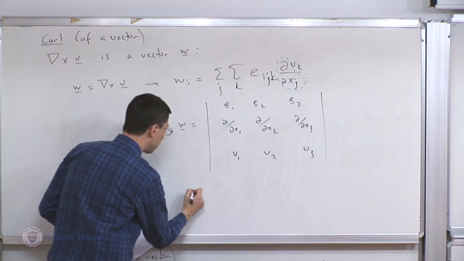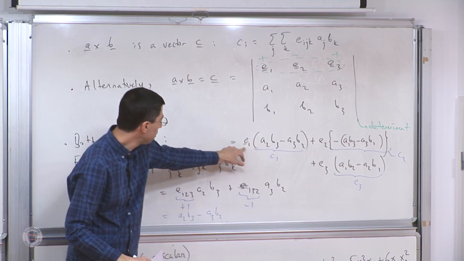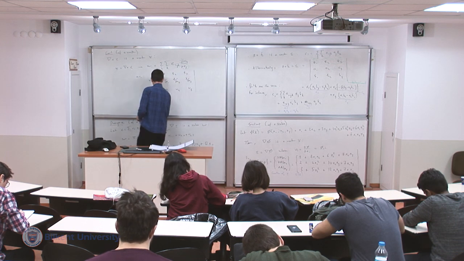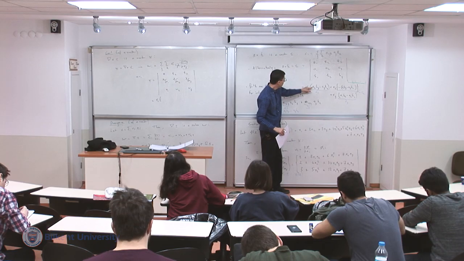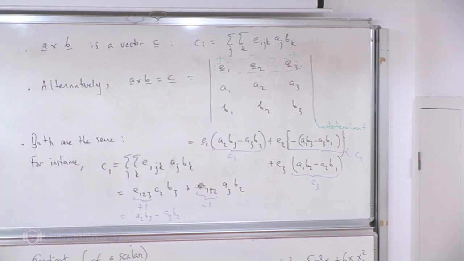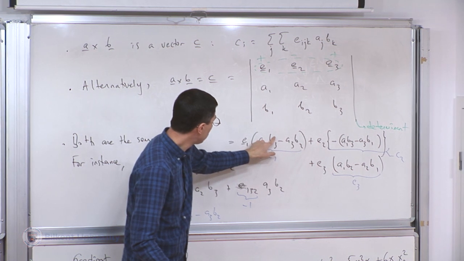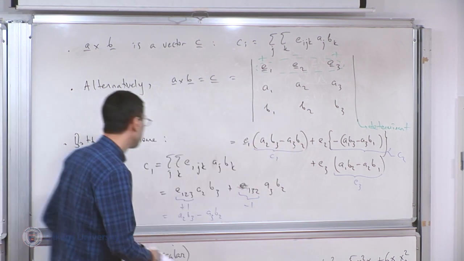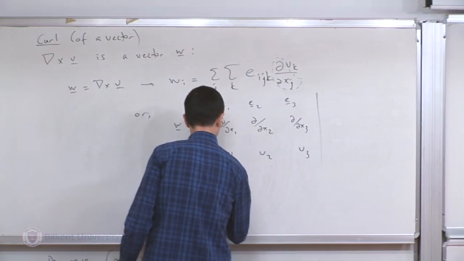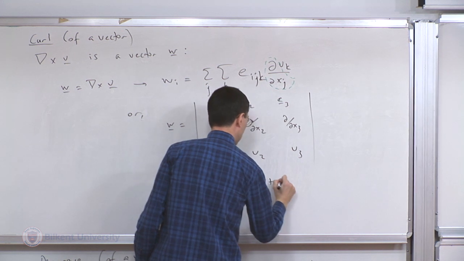So therefore, the result is what I already have written here. So it's E1. So this is like now, that's the first vector. So this is like V, so it's V3, comma 2, V2, comma 3. And then plus E2.